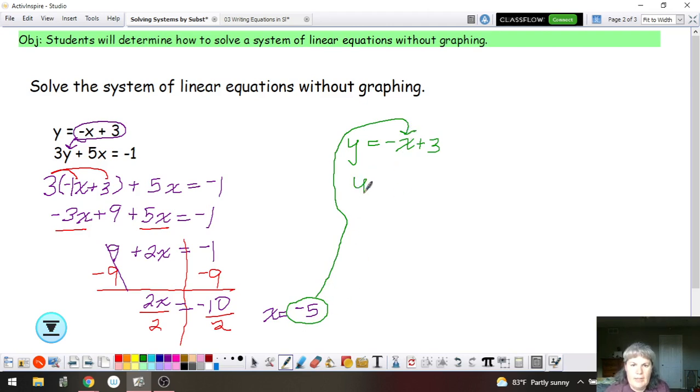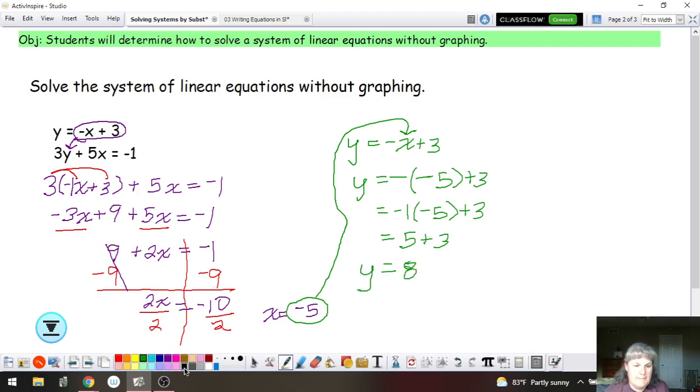So we have y equals negative parentheses negative 5 plus 3. Now a negative subtract 5, that's the same thing as saying negative 1 times negative 5. So a negative times a negative becomes a positive 5 plus 3 is 8.